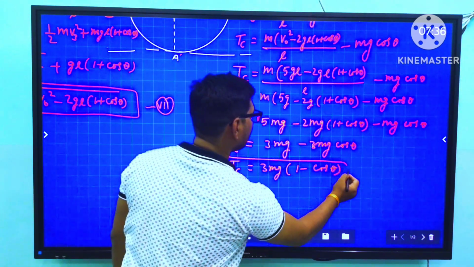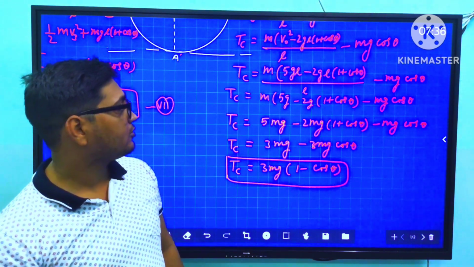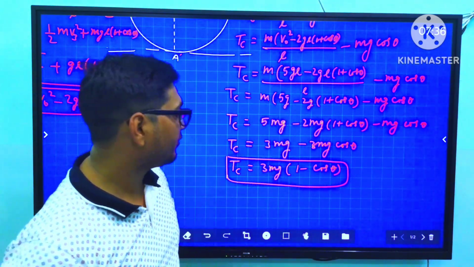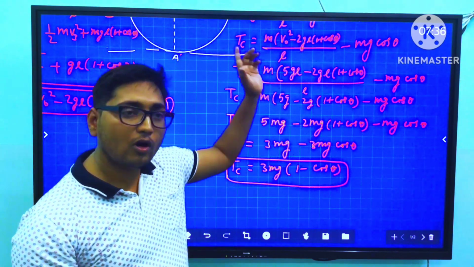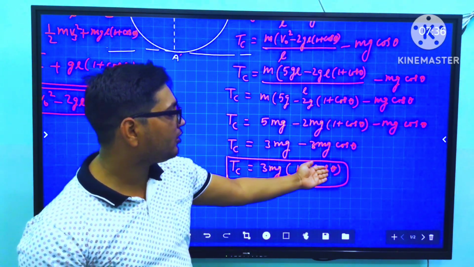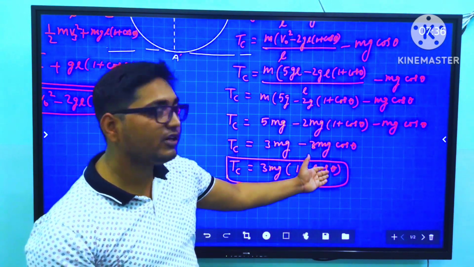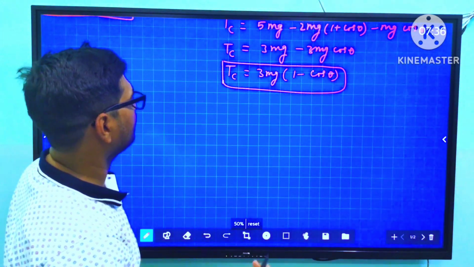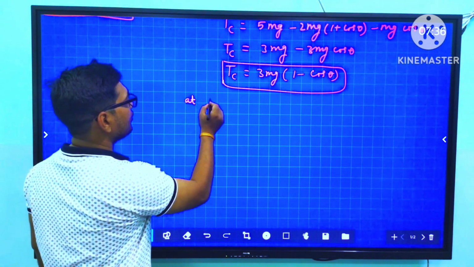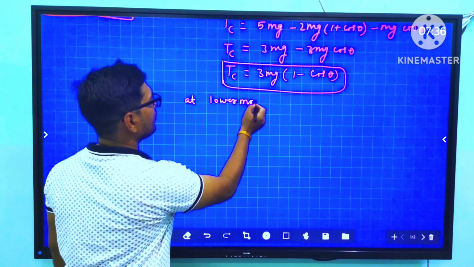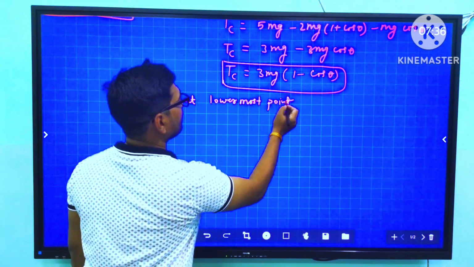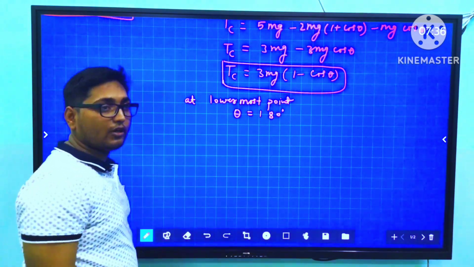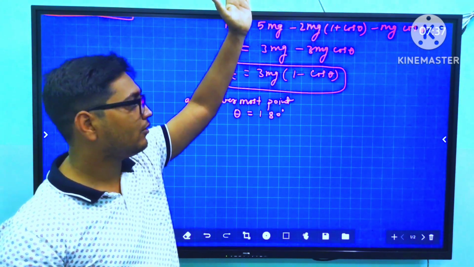This is the tension at any general point for which the string is making angle theta with the vertical direction. Now we can find all the previous values for different points by putting convenient values for theta. For example, if I ask what is the tension at the lowermost point, at the lowermost point theta will be 180 degrees, since we are calculating the angle from the vertical.